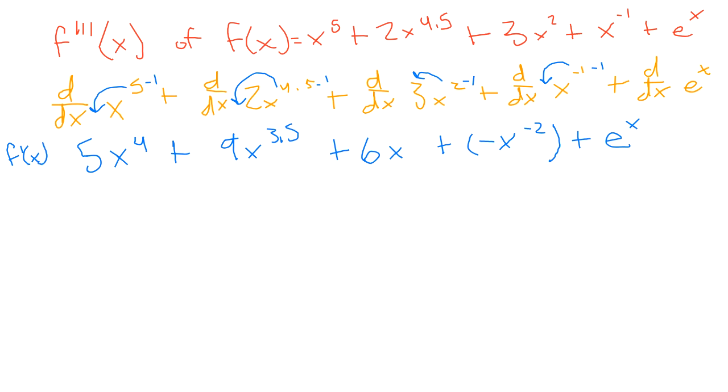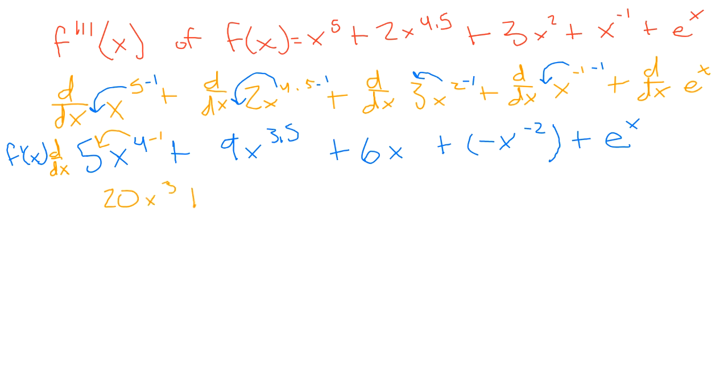Now we need to move on to our second derivative. Once again, let's keep pressing forward. We have our power rule right here. We pull this 4 down and subtract 1. 4 times 5 is 20, x to the 4 minus 1, which is 3.